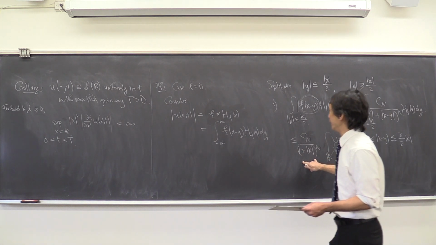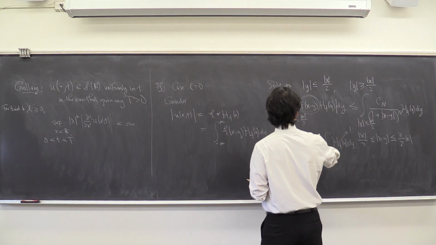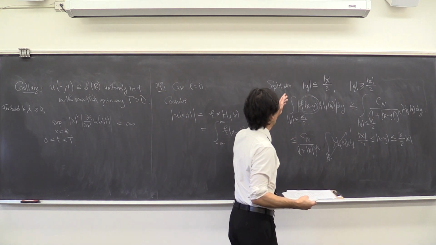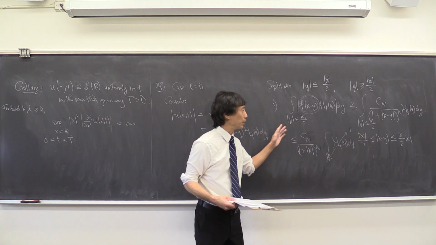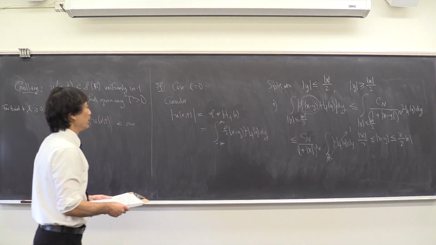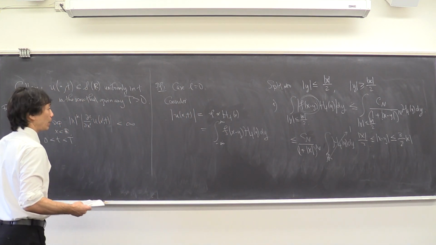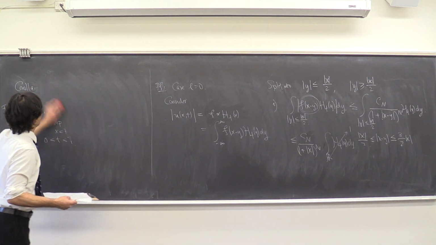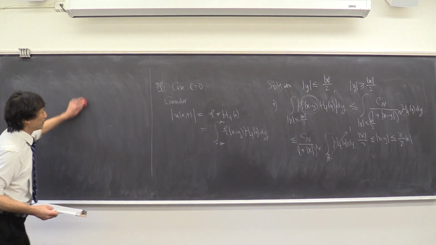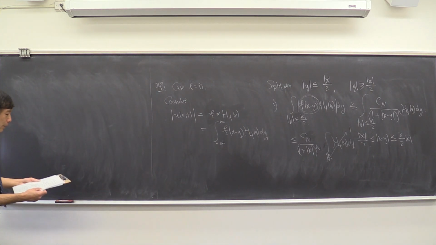That's the kind of decay. For any n, this part is rapidly decreasing. That's good. Now for the second part, this is the part that I'm suspicious of.